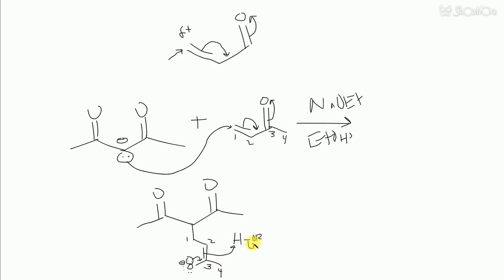And what we get is the keto form back. So I get this carbonyl, and this one, our original structure. On carbon 3, I have my carbonyl.